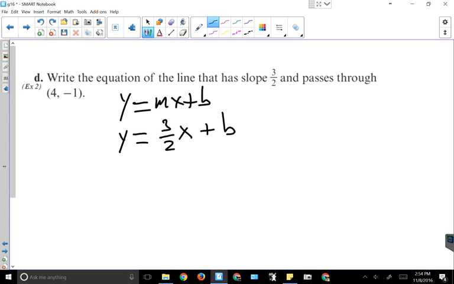Oh, I didn't get Feather's question, did I? So, do I know what B is, Feather? No. Do I know what Y is? Are you sure? If I've got this over here, do I have an idea what Y could be? Yeah.